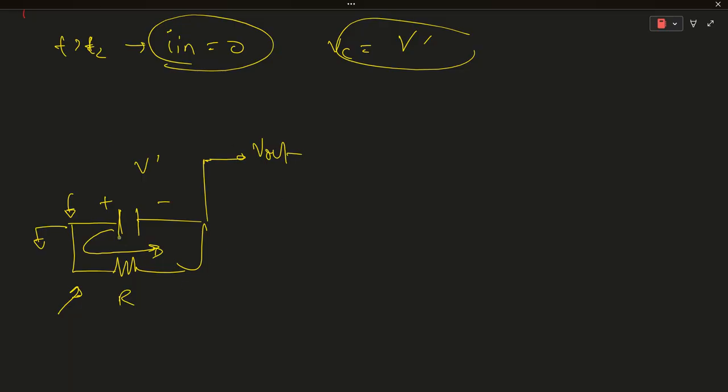So when t is greater than t2, the capacitor starts discharging through this resistor R, and the final voltage when t tends to infinity will become zero. So are you getting my point?